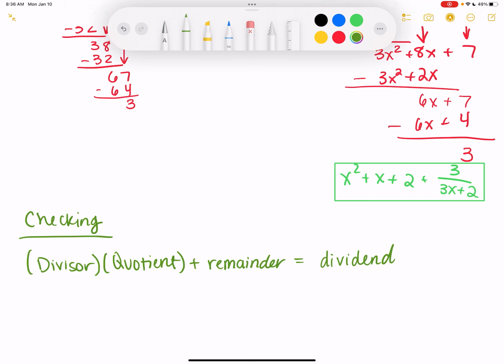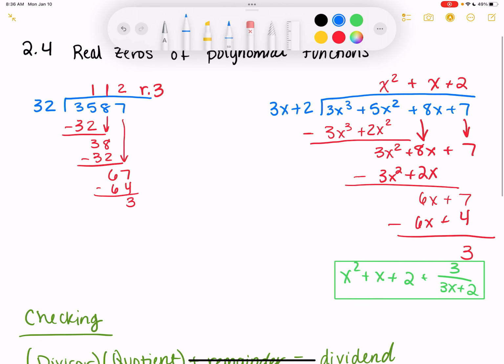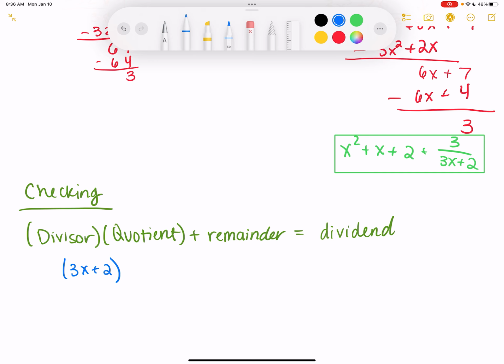So for this problem that we did up here, the divisor is 3x plus 2. The quotient was what was this answer here at the top, so times x squared plus x plus 2. And then add the remainder. The remainder was 3, so plus 3.